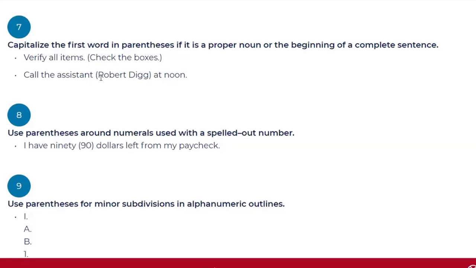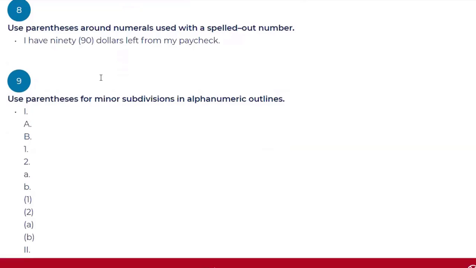Can you read the rule number 8? Sure, sir. Use parentheses around numerals used with a spelled out number. I have ninety ($90) left for my paycheck. Now see, as we already learned, information within the parentheses is non-essential.